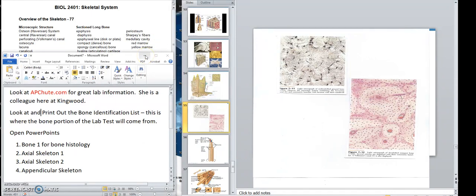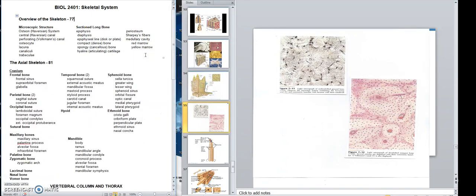All right, so I'm going to take this down. So the first thing, we're looking at histology. We've talked about this in the didactic portion of the course, so it shouldn't be something new to you, but we'll just go through it. So what we have is the osteon.